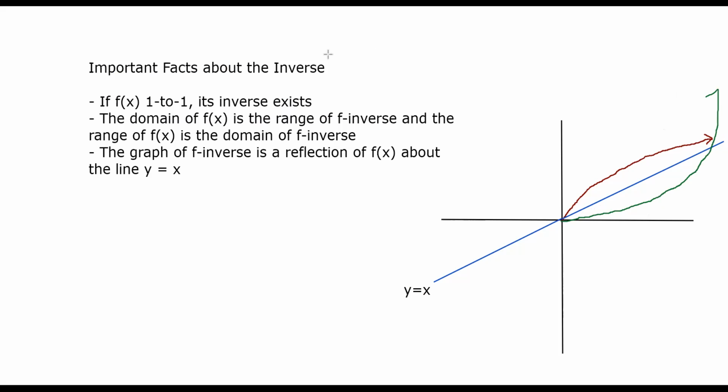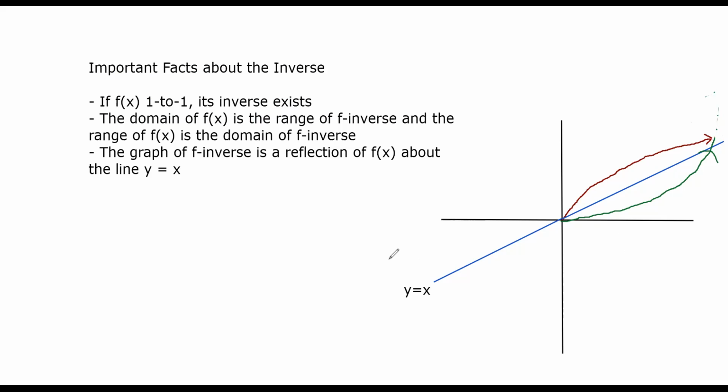So let me actually draw that here. It's okay for them to cross through the line y equals x. So it just reflects about that. You can create some kind of interesting art shapes out of that. And that's really all the inverse is going to do. It's going to reflect about the line y equals x.